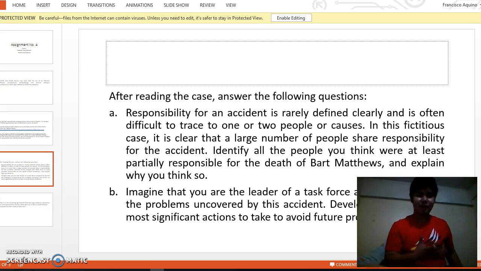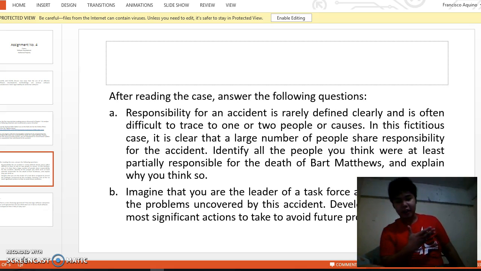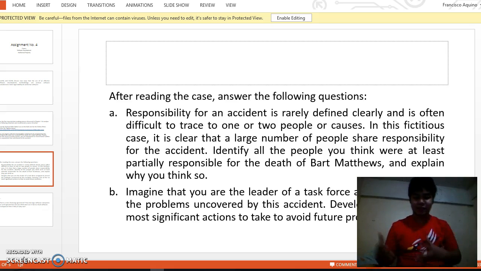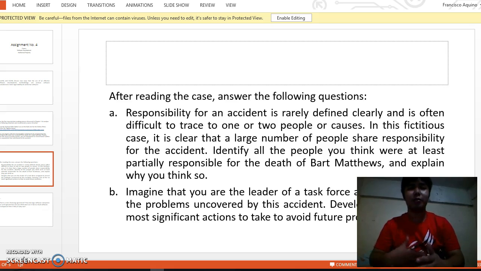So, if I am the task force leader assigned to address the problems uncovered by this accident, I would suggest the team be organized and use an appropriate methodology to prevent future problems in the software that we're currently developing.